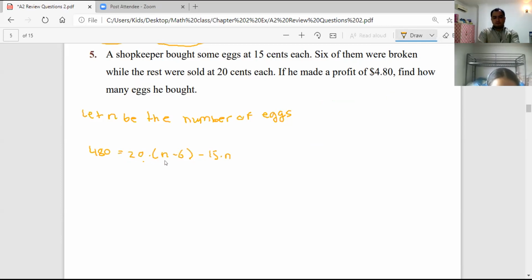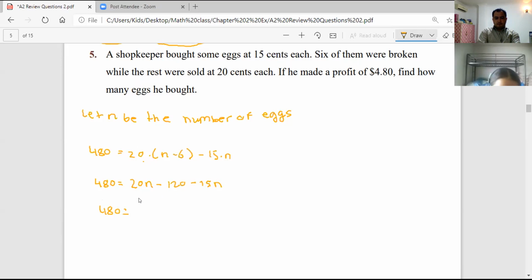Okay. So that is 480 equals 20n minus 120 minus 15n, right?